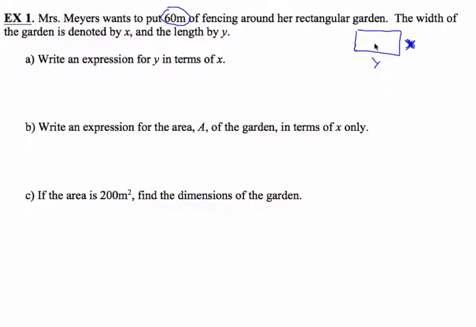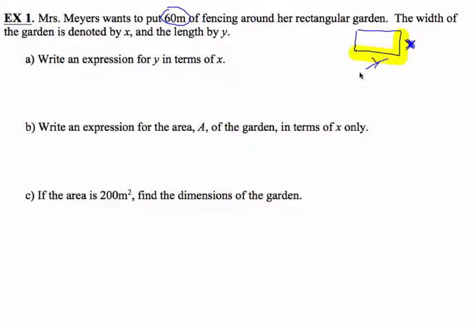If the perimeter is 60 meters all the way around the rectangle, then just this x and y part is going to be half of the rectangle, so that's going to add up to 30.